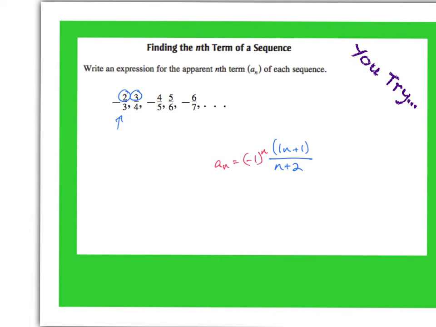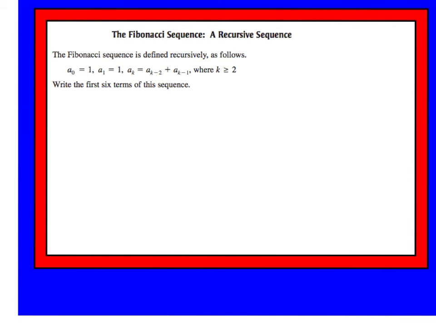All right, so this is what's known as a recursive sequence. It's kind of like a rule or a procedure. So I'd like you to write up a sub k is equal to a sub k minus 2 plus a sub k minus 1. Okay, that's the rule. It's called a recursive sequence.